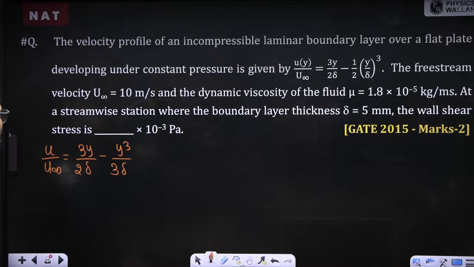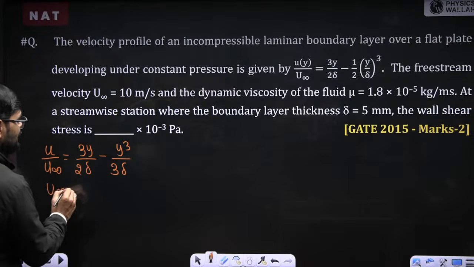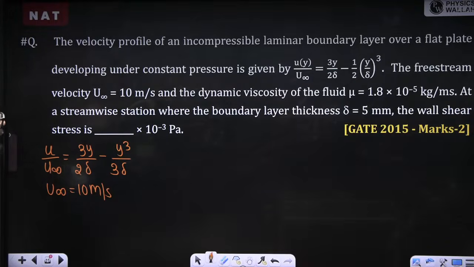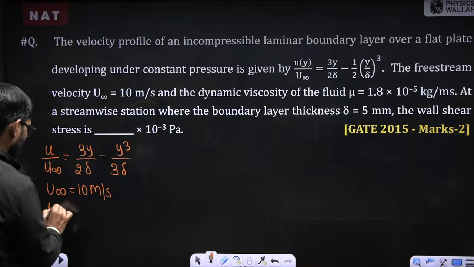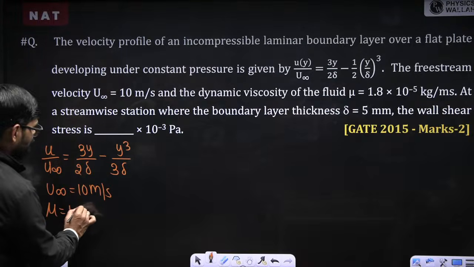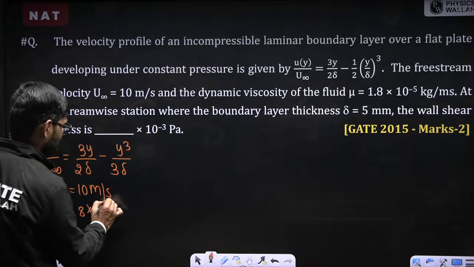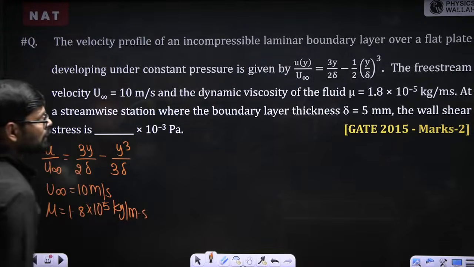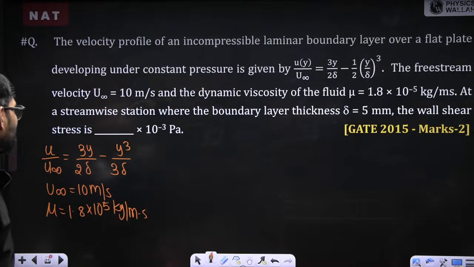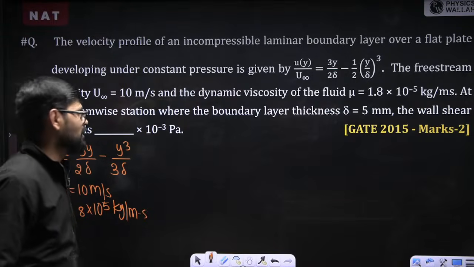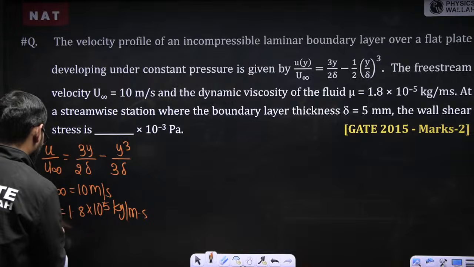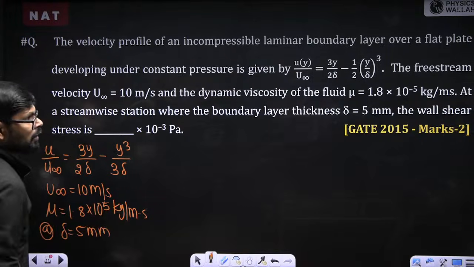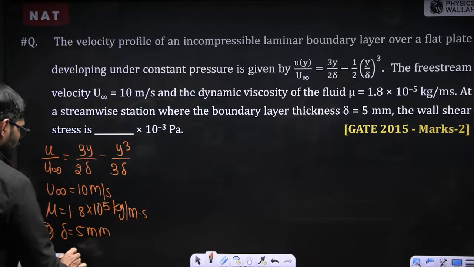The free stream velocity u infinity is given as 10 meter per second, and the dynamic viscosity mu is also given as 1.8 into 10 to the power minus 5 kg per meter second. Now at a streamwise station where the boundary layer thickness delta is equal to 5 mm, the wall shear stress tau you need to find out.